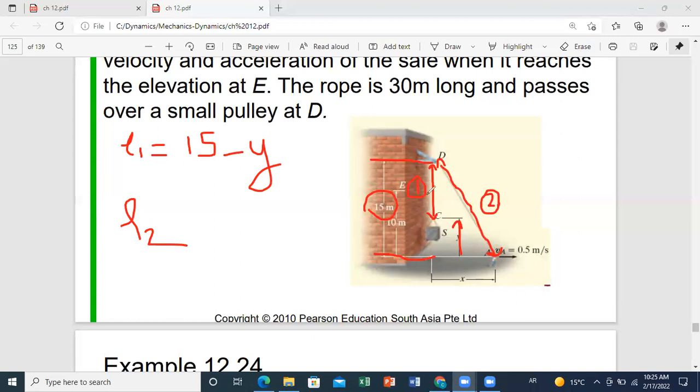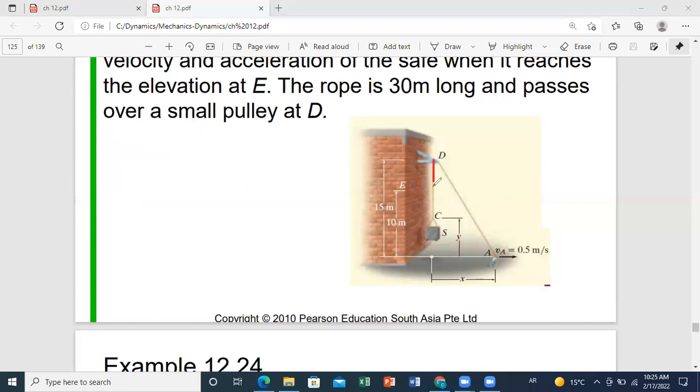You say that this length here is in a right triangle. This is my right triangle. Okay, my right triangle has here a fixed length of 15 meters, has here a horizontal side equal in length to x, and the third side is AD.